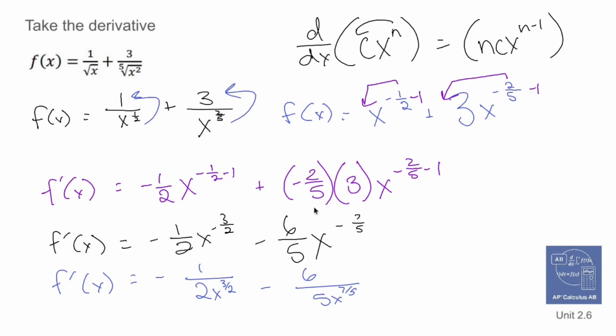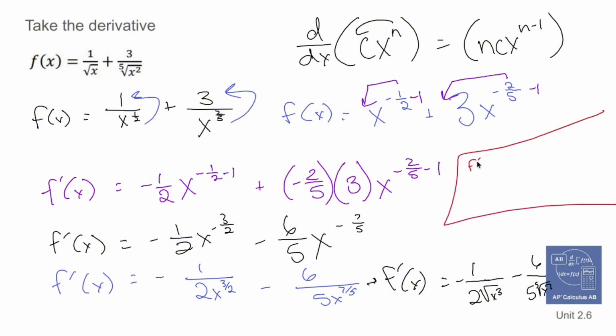And let's clean that up by saying f prime of x equals negative 1 over 2, and we'll do the square root of x cubed, okay, that's the 1, minus 6, oh boy, over 5, the fifth root of x to the 7th. So let me write it out up here. That looks awful. Let me write it out up here in a different color.